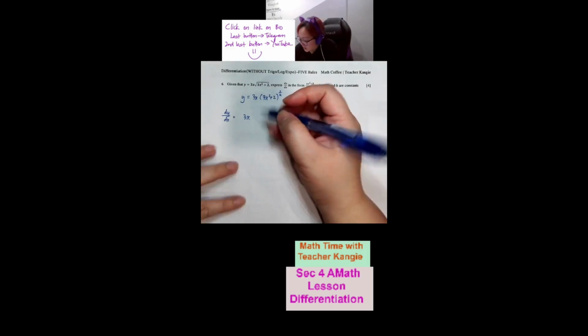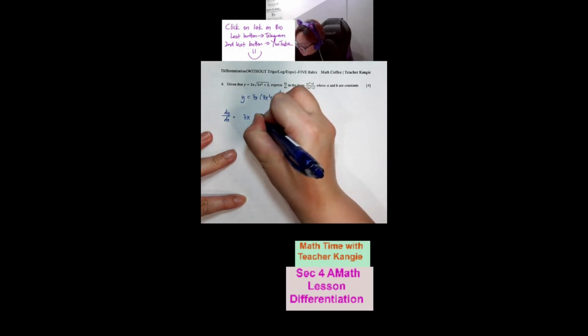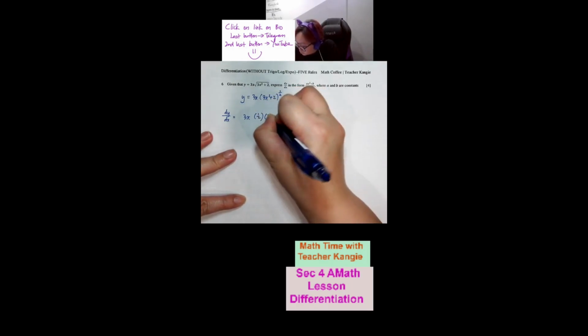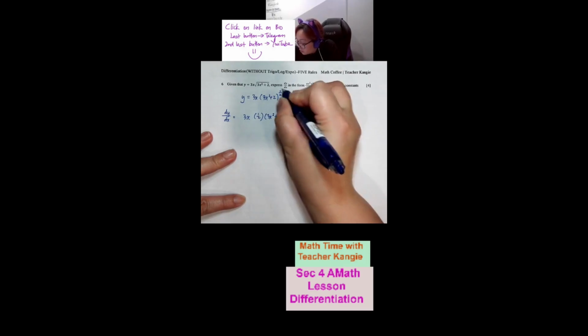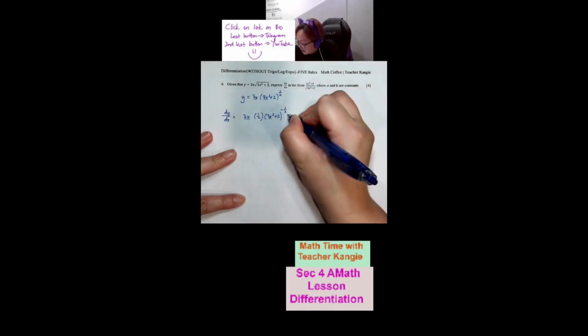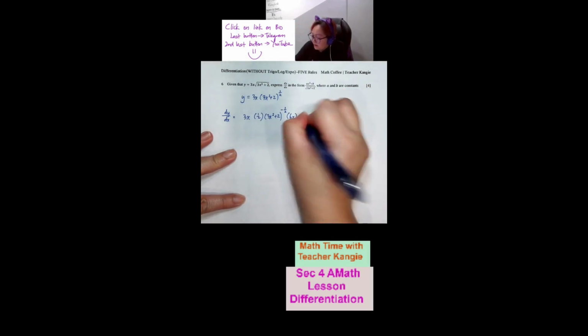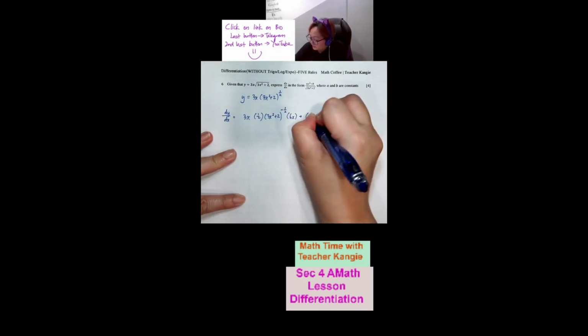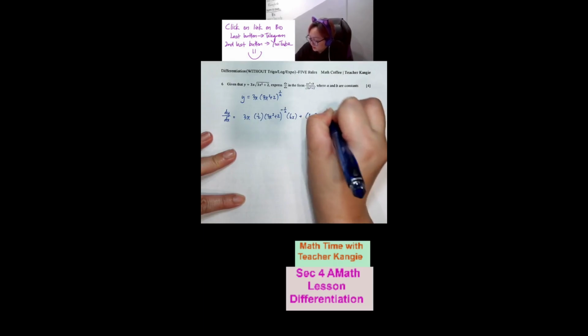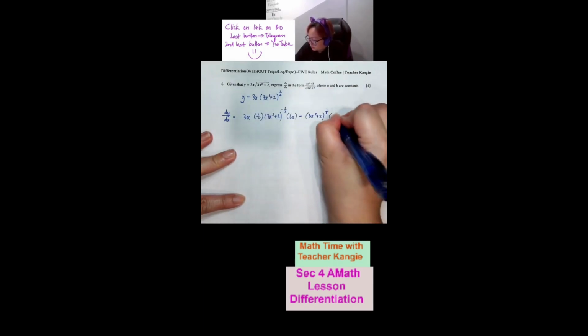So bring down the half, 3x squared plus 2 power minus 1, so it's minus half, multiply by differentiate inside, which is 6x. Plus, now keep the right hand side and differentiate the left, which is 3.